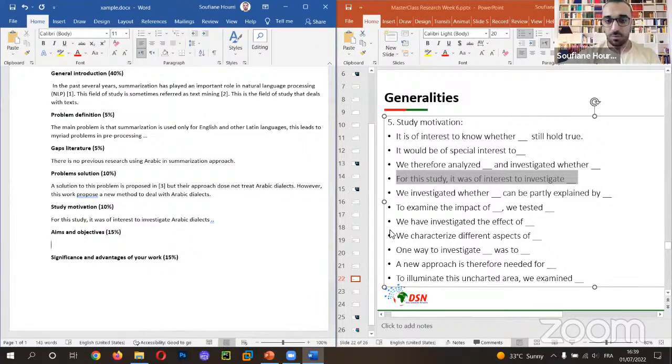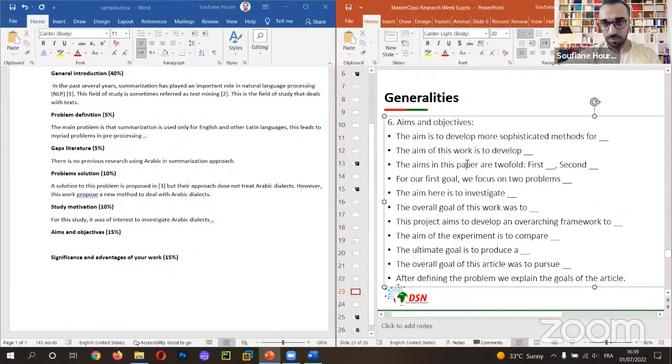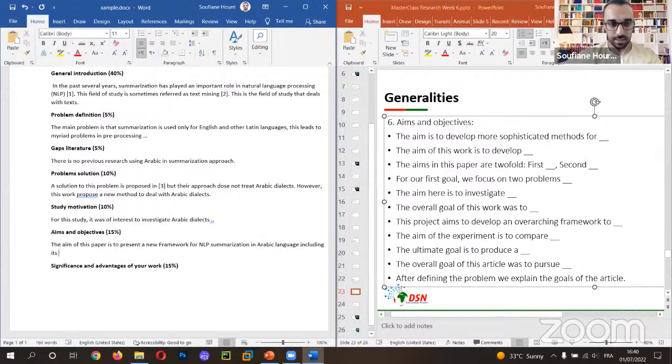Now for the aims and the objectives, we can use any of these. For example, the aim of this paper is to present a new framework for NLP summarization in the Arabic language, including its dialects, something like that.